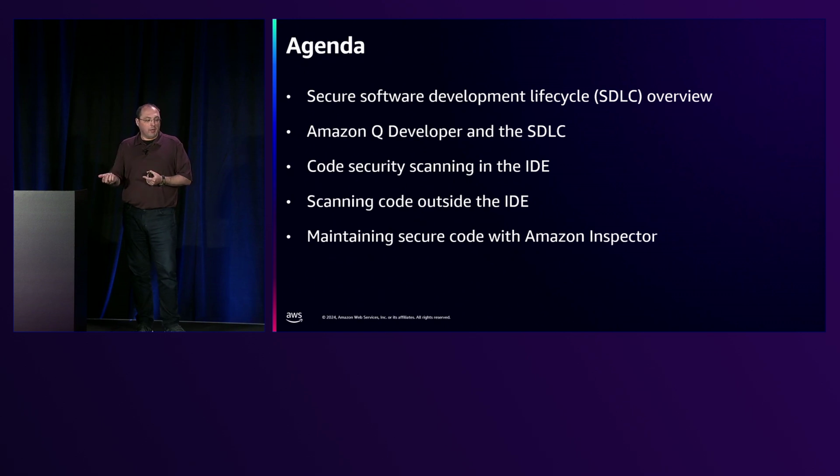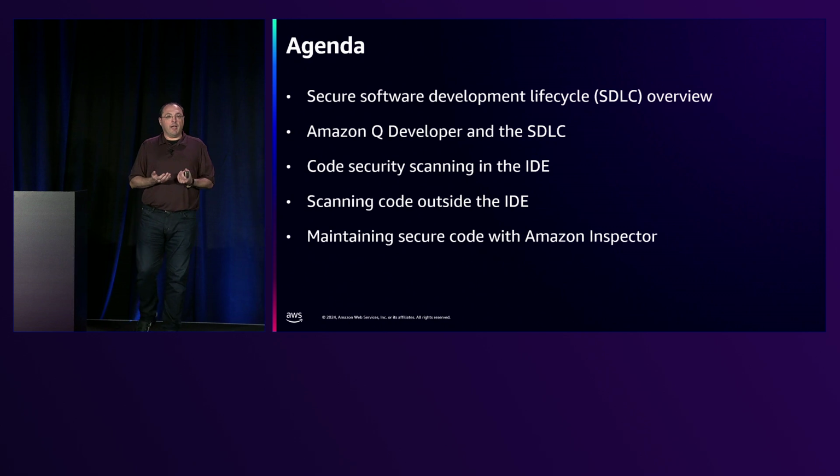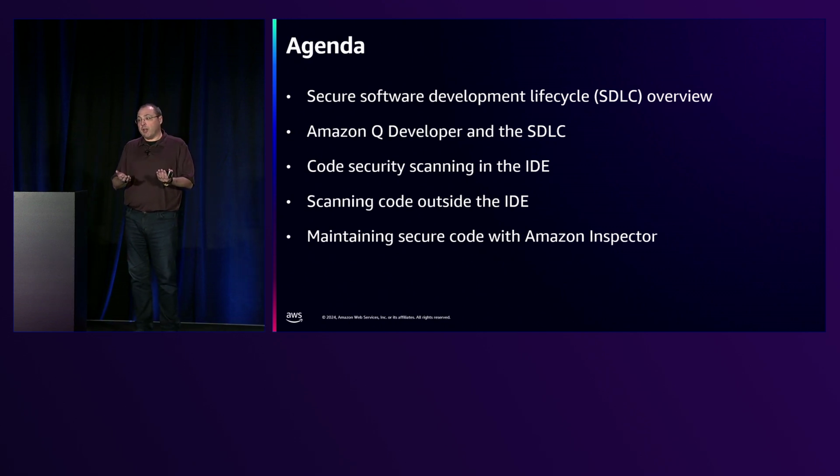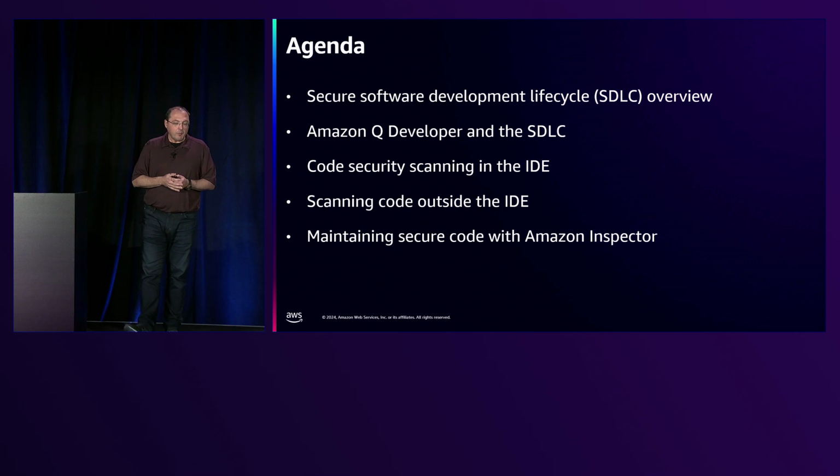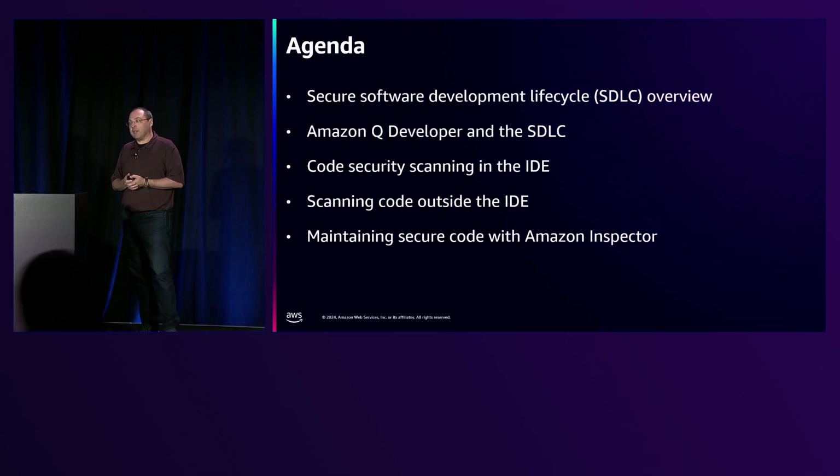Next, we'll talk about code security scanning, within the IDE and outside the IDE, as we move code from the core development piece into our CI systems, our source control systems, and into production. And then Casey will talk a lot about maintaining that secure code with Inspector after deployment has actually happened.